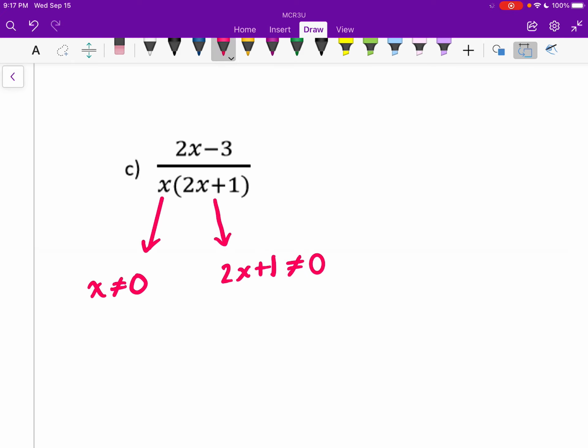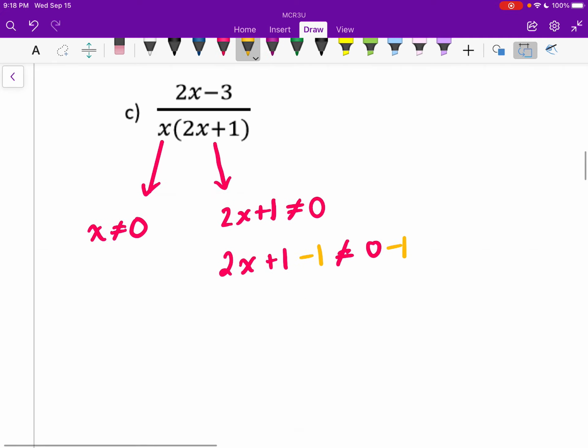So now I want to isolate for x and find out what x can't equal. I'm going to subtract 1 on both sides: 2x plus 1 minus 1 cannot equal 0 minus 1, which is negative 1.